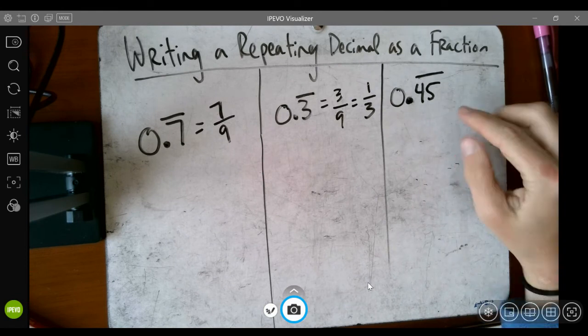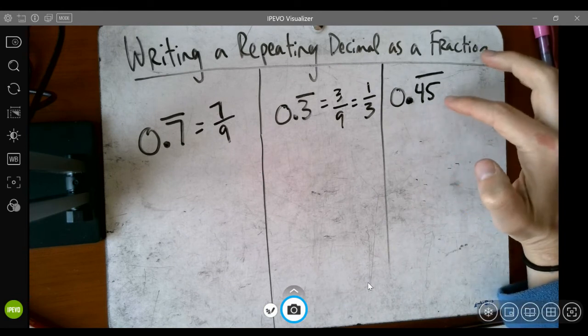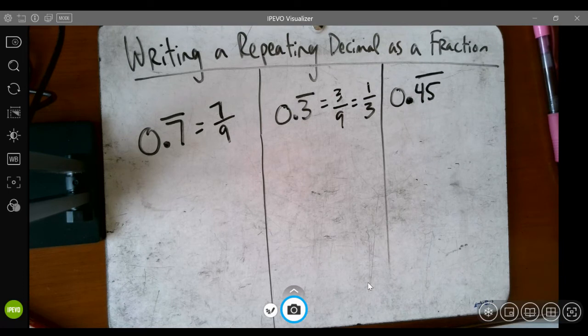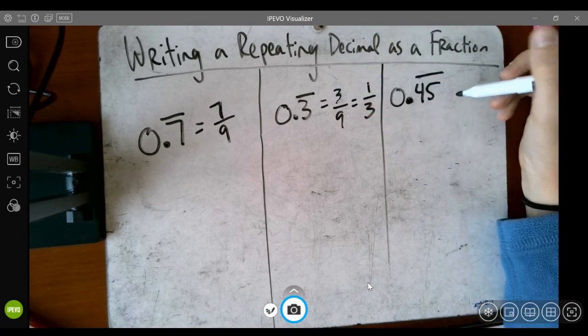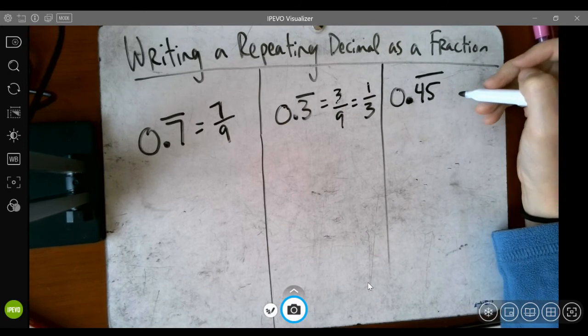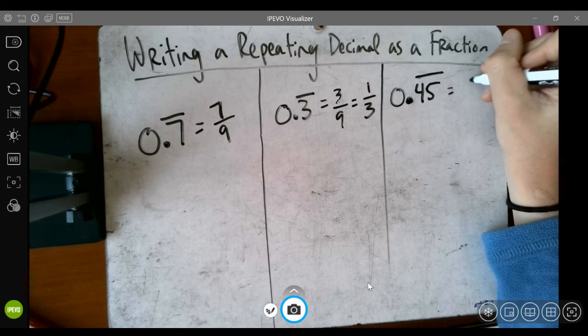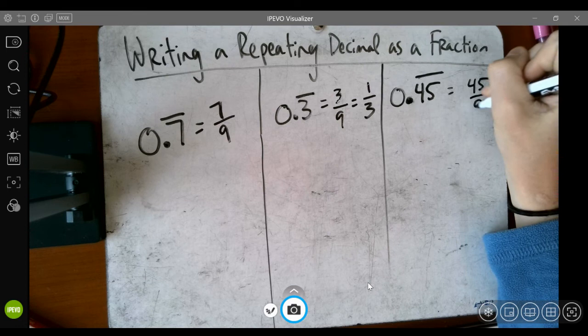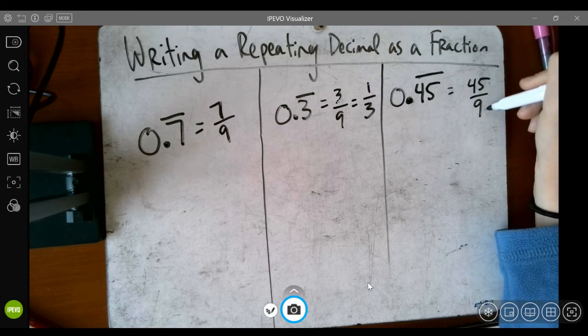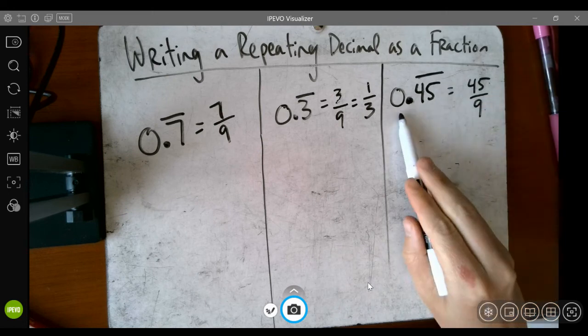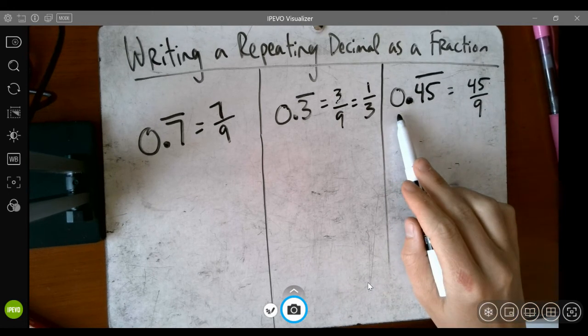And then finally, we have 0.45, and this just keeps getting more and more complicated. 0.45 repeating, and so if we were to put this over 9, this would be a value greater than 1 because our numerator is bigger than our denominator, and we can see here that it's a value less than 1.